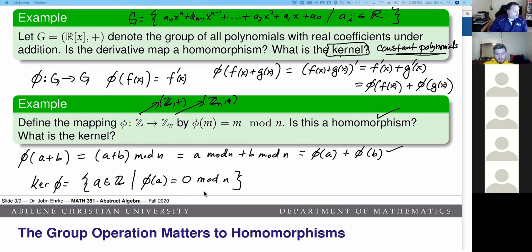So what's another way to describe this set, given the notation we've used this semester? Set of all integers that are equivalent to 0 mod n. The set of all integer multiples of n. Okay, we had another notation for that, because the kernel is going to live in the integers.